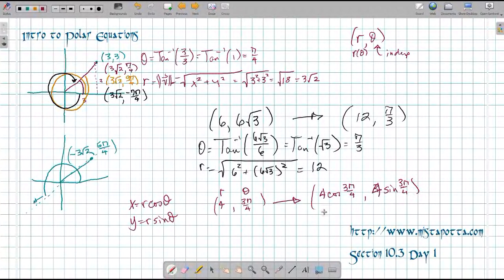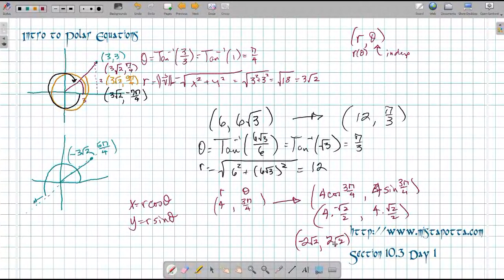So here I'm dealing with 4 times negative root 2 over 2, and this is 4 times positive root 2 over 2. So I actually end up with the coordinate (negative 2 radical 2, 2 radical 2).